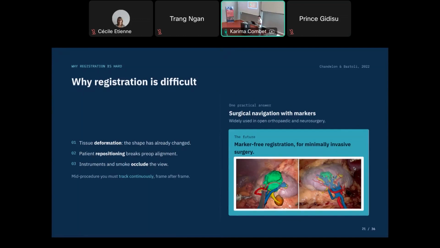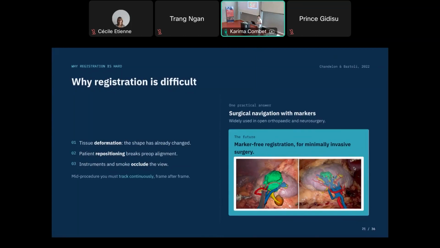The main challenges are the tissue deformation and also the patient repositioning between the preoperative and the intraoperative steps. Like in breast surgery, when the patient is doing the imaging, the patient is lying like this, but during the surgery, he is lying on the back, and the deformation is very high, and it's very difficult to recover.